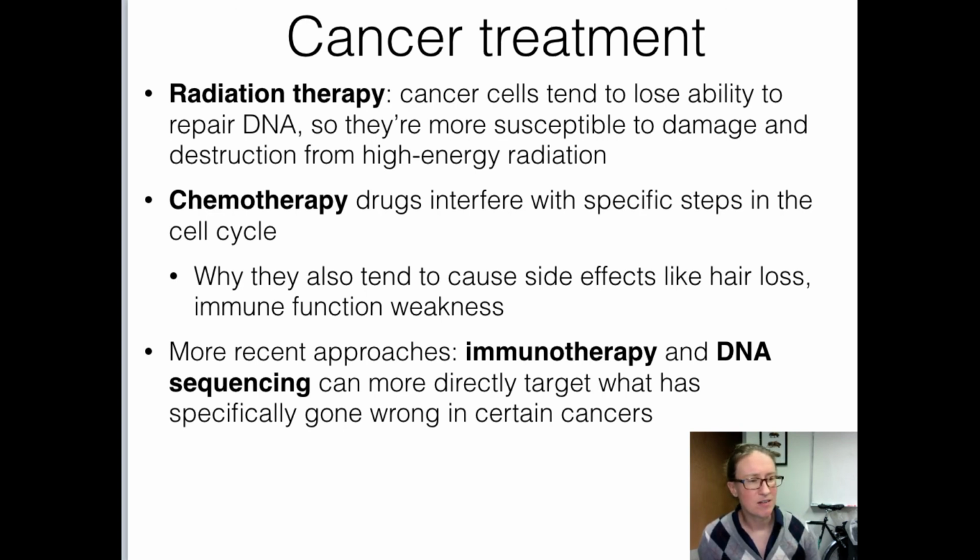With DNA sequencing, one of the things we've discovered is there's really no such thing as a single liver cancer. It's really liver cancers. Knowing that means that we can identify what has gone wrong in one of those specific cancers with a cell cycle, and that could provide us with opportunities to target those particular types of cancers more effectively.